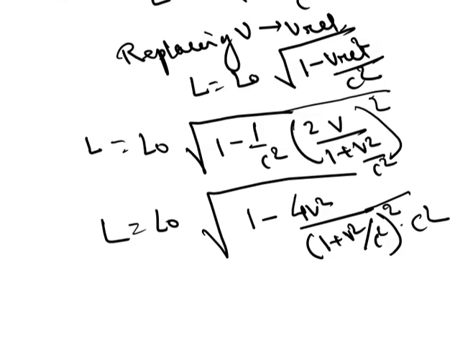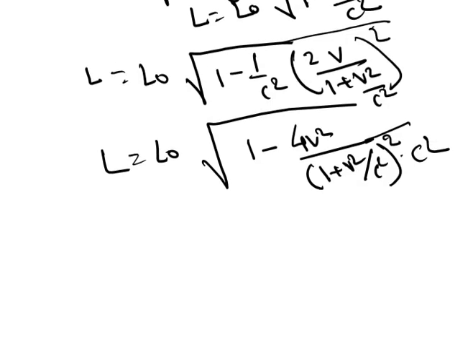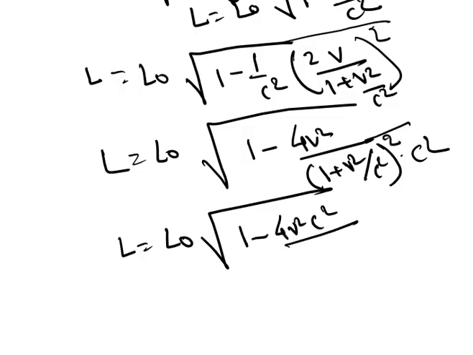Multiplying c square in both the numerator and the denominator, we have L equal to L0 into root of 1 minus 4v square c square by (c square plus v square) whole square.